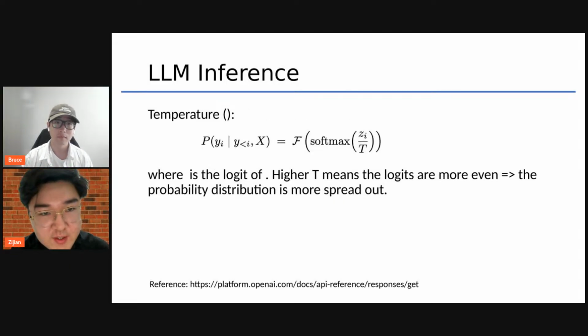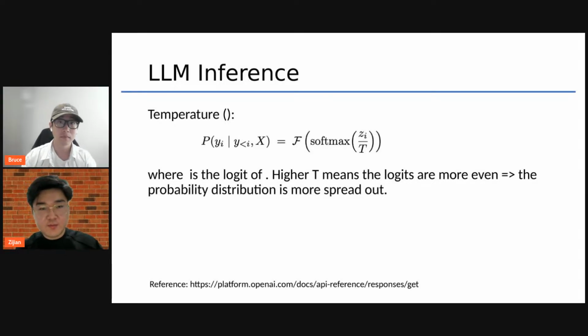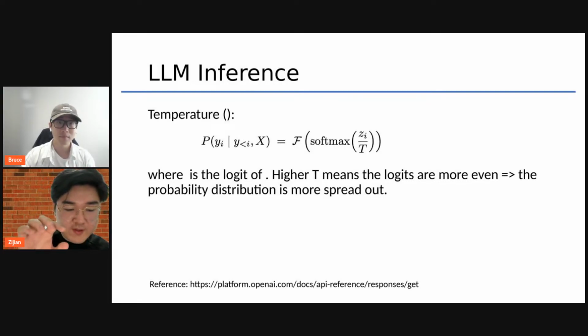The temperature is something that will help you smooth out the probability distribution. If you have a higher temperature, it gives you less difference between tokens with high probability and tokens with low probability.